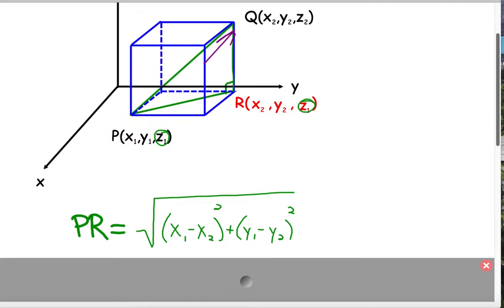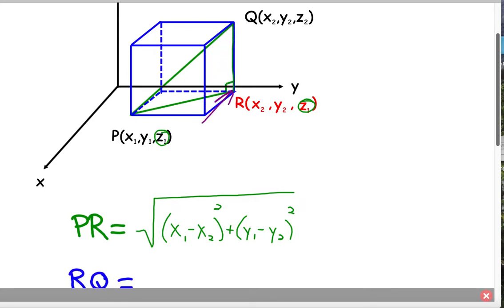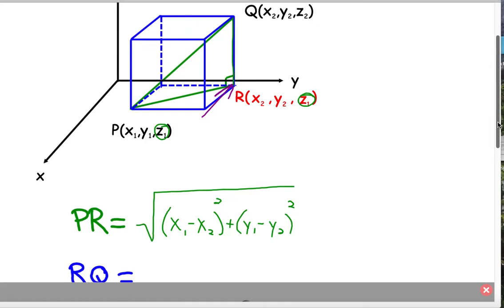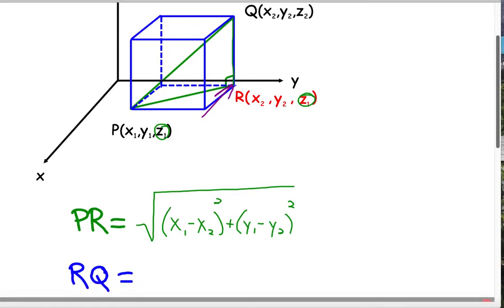Next, let me find the distance from Q to R. Well, for that, I've got enough room here. For R to Q, notice it's just the difference of your z values, because those are going straight up and down. This segment here is parallel to the z-axis.